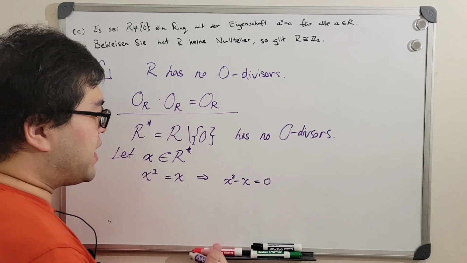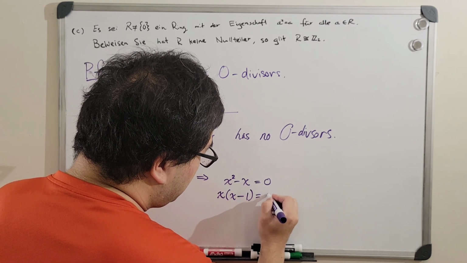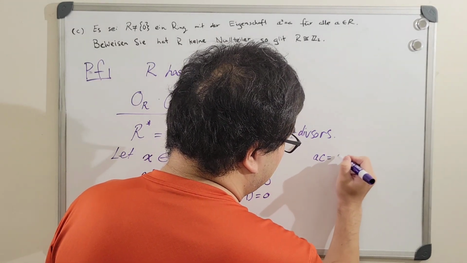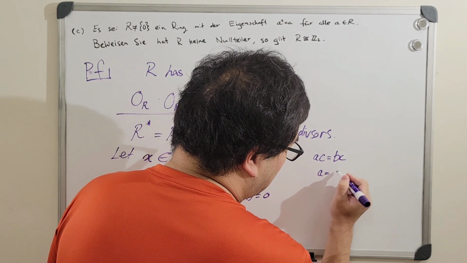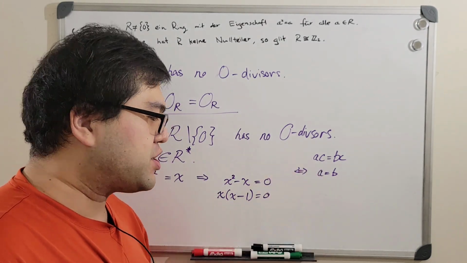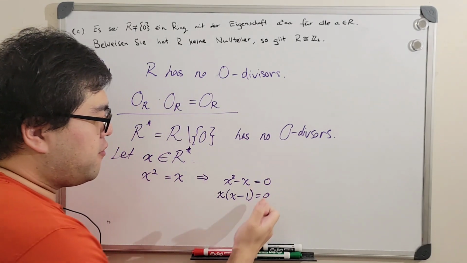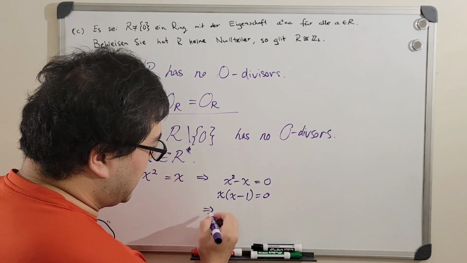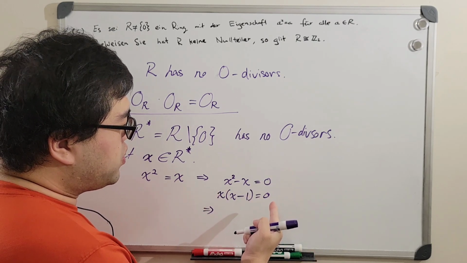In other words, we can do factorization and say that for all the elements here, if we have A times C equal to B times C, then we can just cancel the C out and conclude that A is equal to B. And this is true in both directions. Therefore, as we factor this way, we claim that x times (x minus 1) is equal to 0.